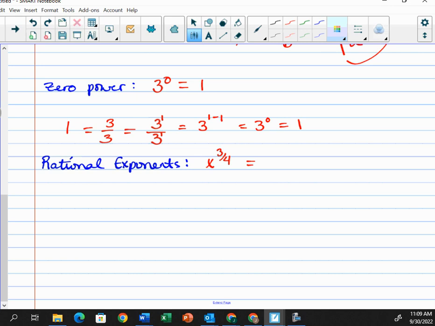Yeah, the 3 is somewhere. You can write it that way, or you could also do the 4th root of x cubed. Those mean the same thing. So just remember, when it's a fraction exponent like that, the denominator is telling you the root. The numerator is just your normal power.